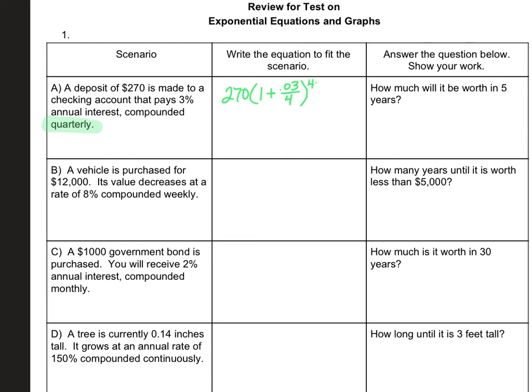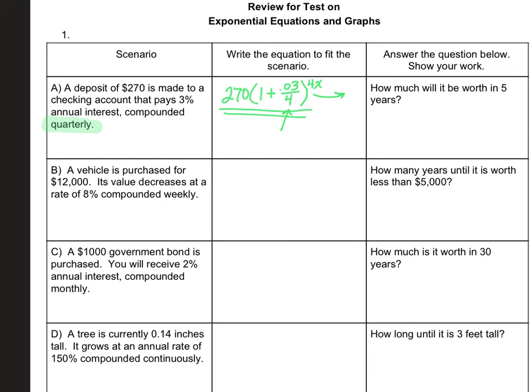So when we're writing an equation for this, with x being time, whichever way you want to put it, that would be the equation that fits this scenario. Remember, the n values are always going to pop up in the denominator and then in the exponent with the variable. And then it says, how much will this be worth after 5 years?